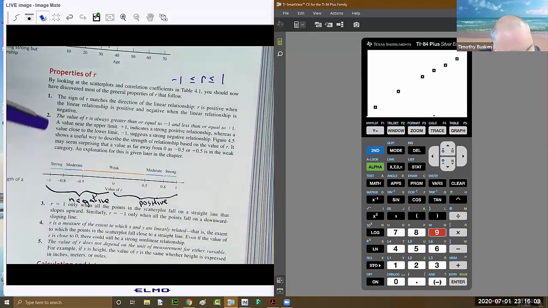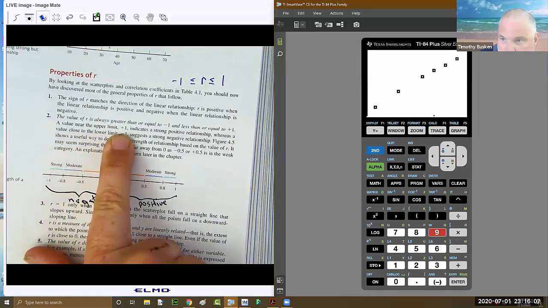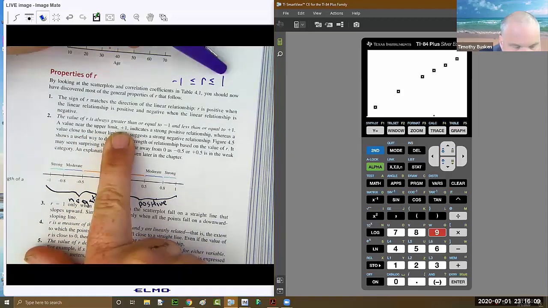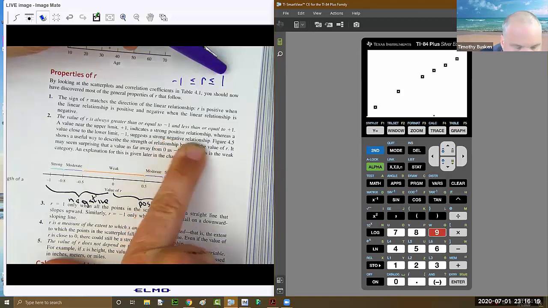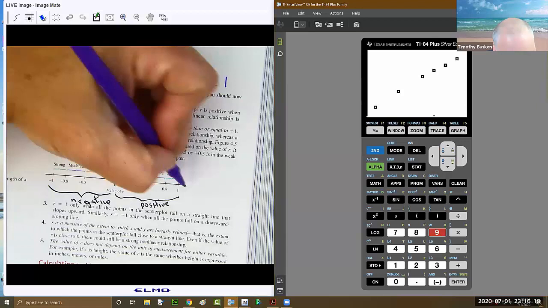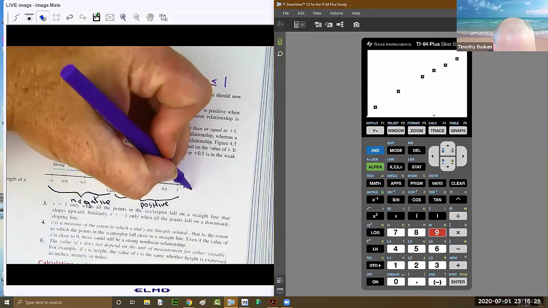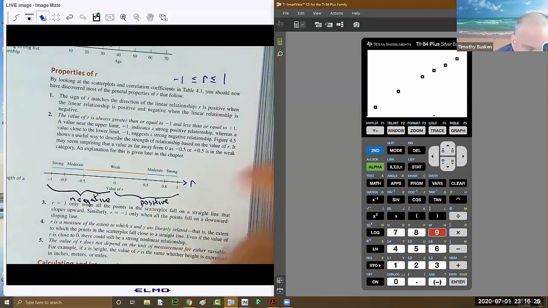So what else is she saying about this? A value near the upper limit, this number 1, indicates a strong positive relationship. So here's a graph right here with your R-axis. And that's what she's saying here.